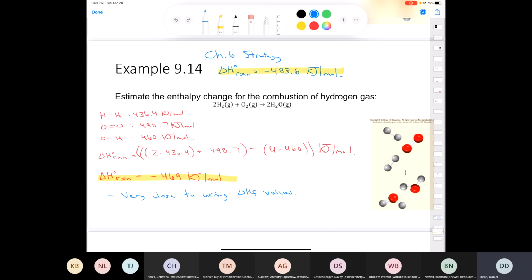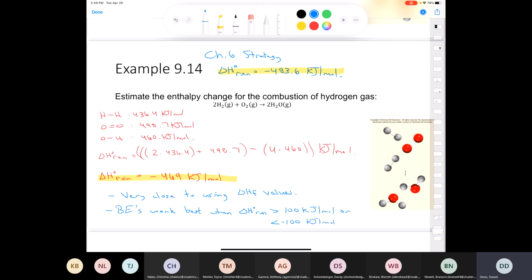And so we can use bond enthalpy to calculate the heat of a reaction. That is a conclusion that we can draw here. We can totally use bond enthalpies to do that. It works best, we'll put here, bond enthalpies work best when the delta H of the reaction is either greater than 100 kilojoules per mole or less than negative 100 kilojoules per mole.